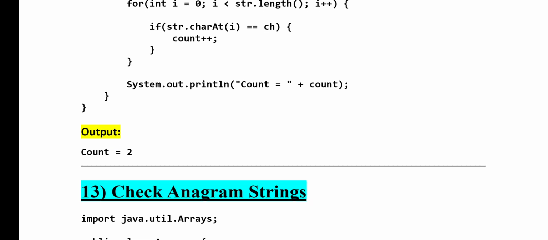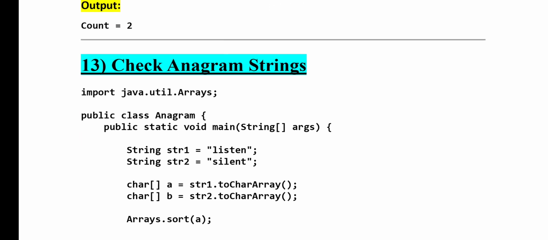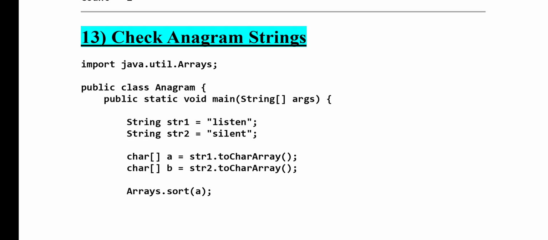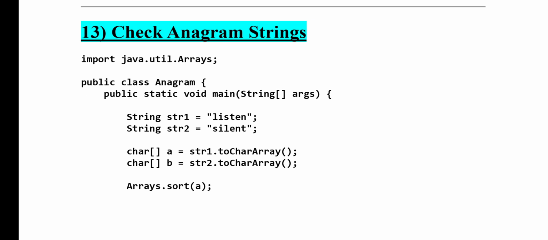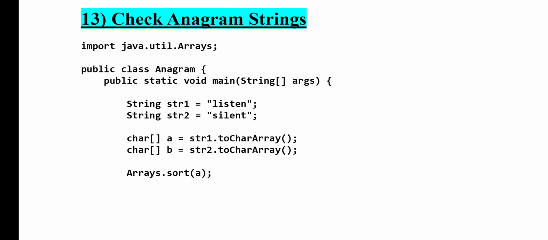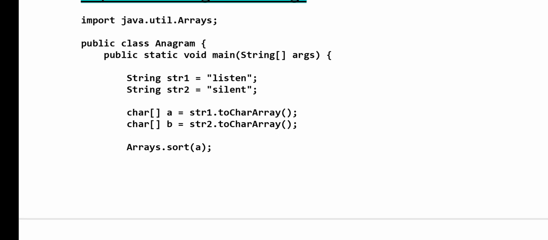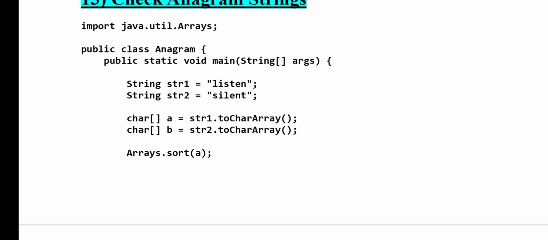Okay, the next program is on checking anagram strings. Anagram I need not explain. It's a basic common word in English that anyone can easily understand: the values should be the same in both the given strings. For example, string 1 is taken as listen, string 2 is taken as silent.